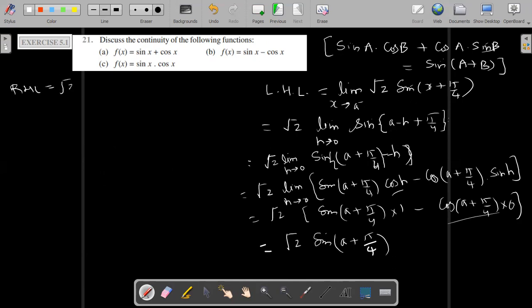So root 2 limit h tending to 0 sin(a + h + π/4), and a + π/4 again we write together.